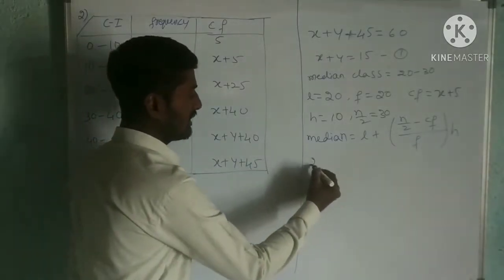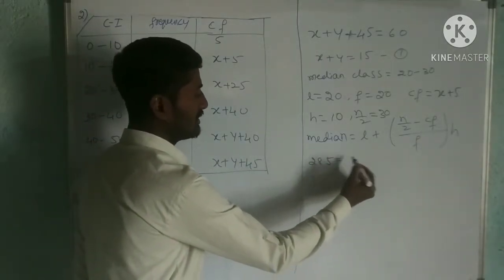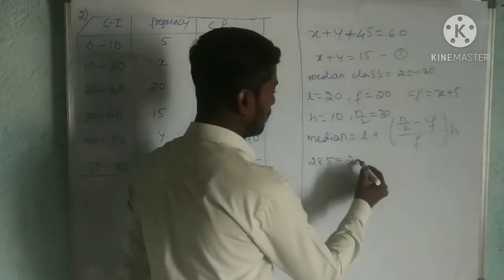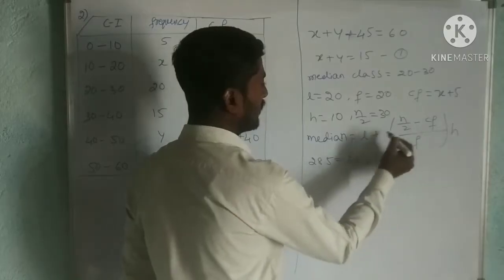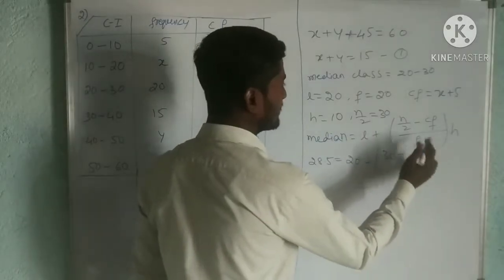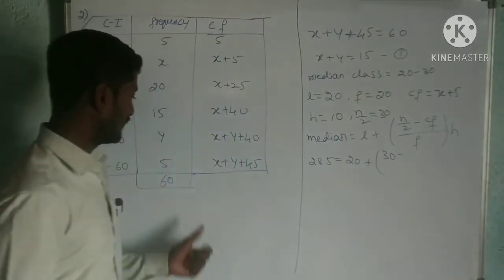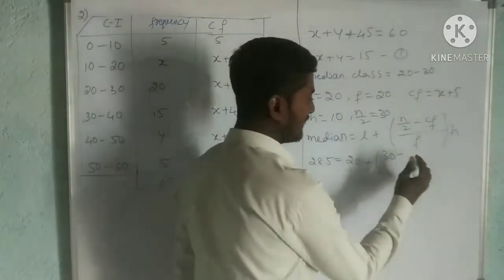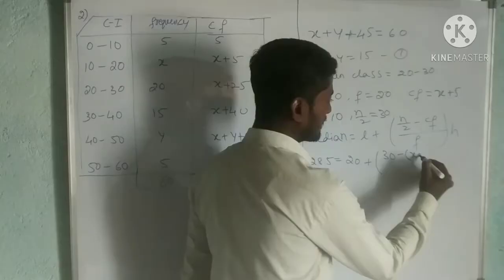Now 28.5 is equal to L, here L value is 20, plus N by 2, N by 2 is 30, minus CF. Now here CF is x plus 5. Here minus sign is there, so put the bracket x plus 5.